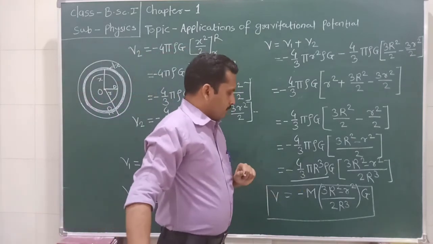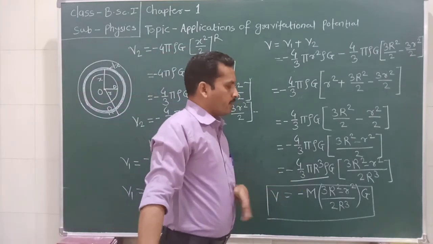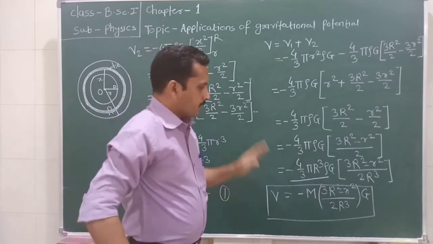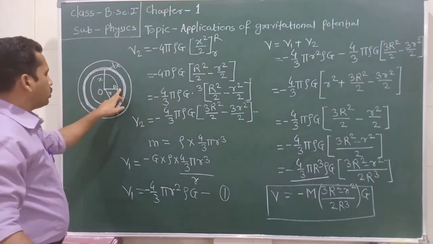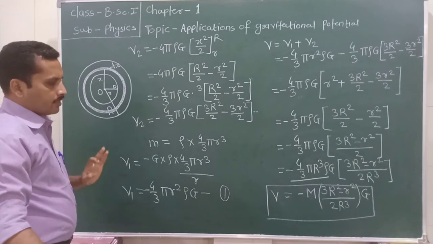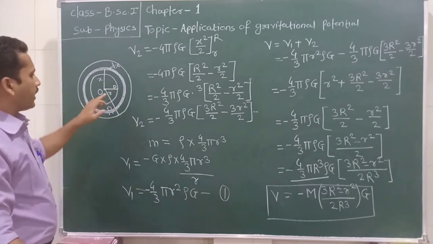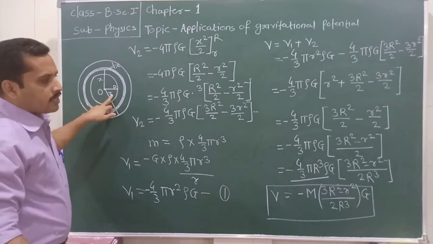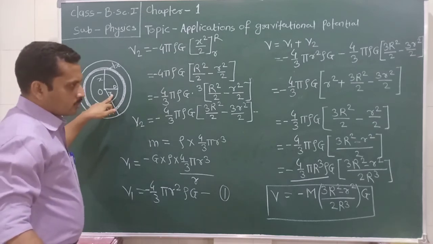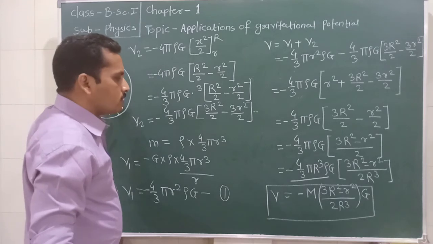But we can take a special case here. If this point P is situated at the center, then small r is equal to 0.